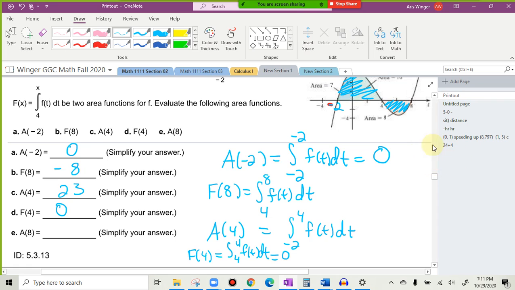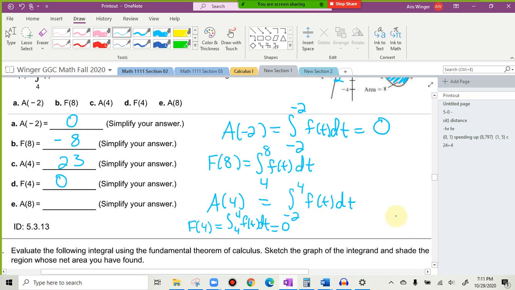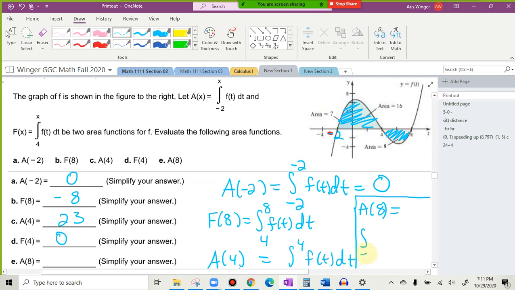A of 8, let's go back down here. Oh, I can fit it in here, so we'll put it here. A of 8 is the integral from -2 to 8 of f of t dt. Is that the whole thing?